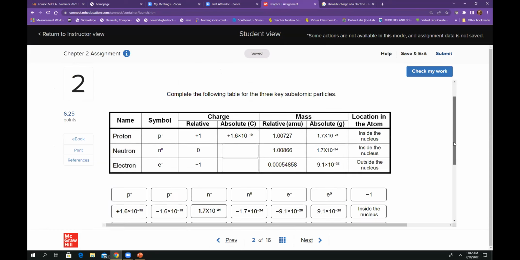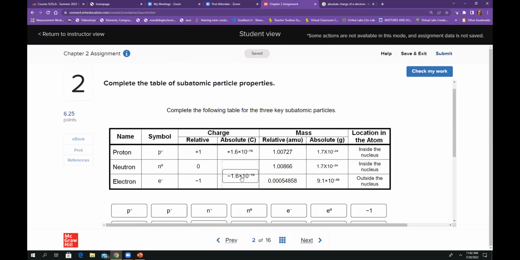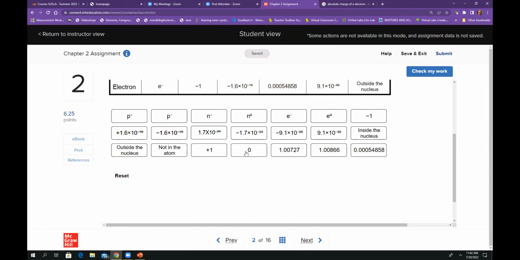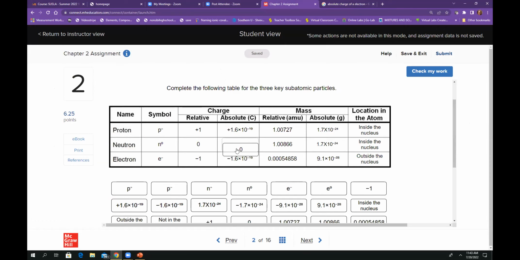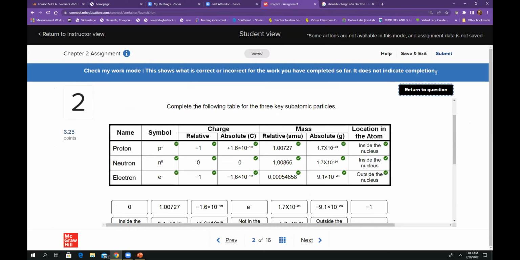I wasn't sure what they were asking me at first because that C didn't make sense to me. And then the other one's a 0. It's always 0 because neutron doesn't have a charge. All right, now check my work. That should all be correct now. Yeah, there we go. See? So there's other ways of finding it out.